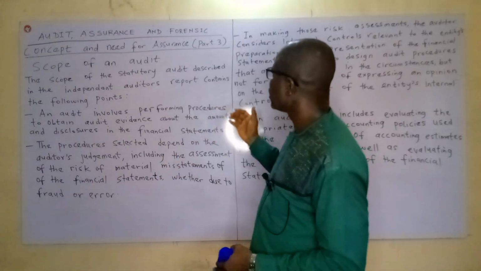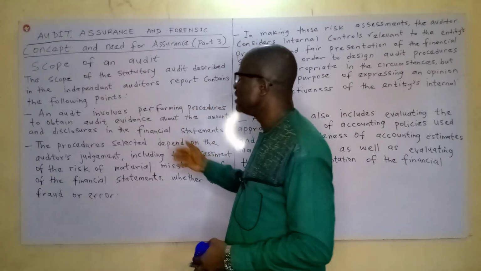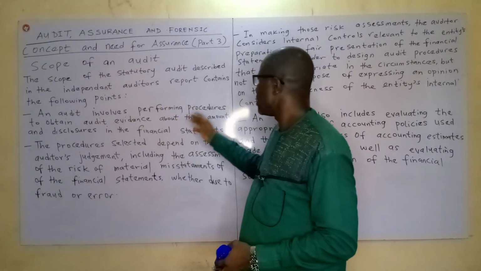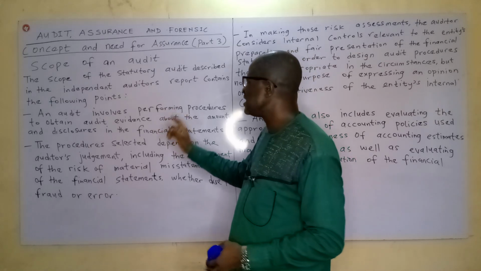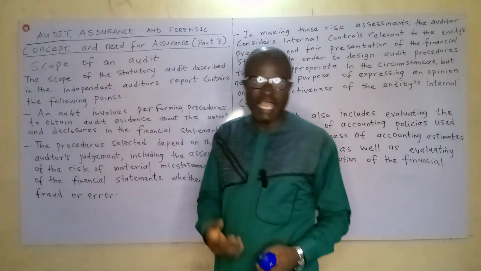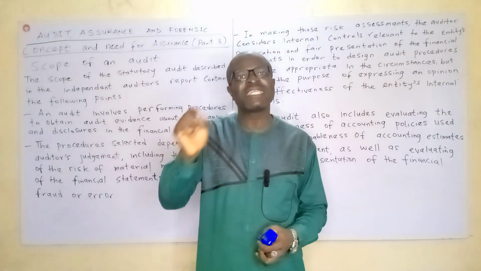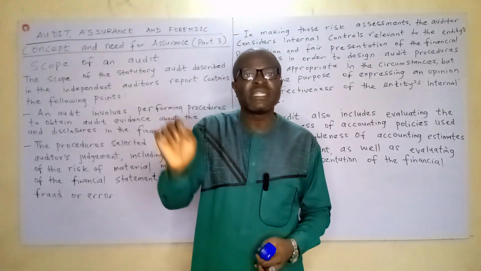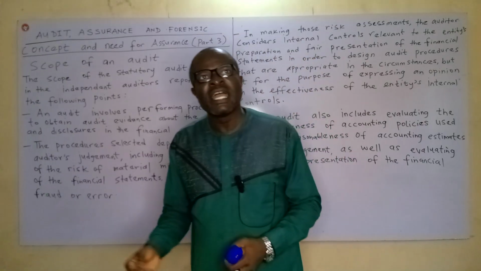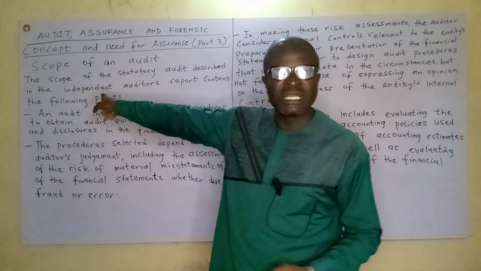The scope of the statutory audit described in the independent auditor's report contains the following points. An audit involves performing procedures to obtain audit evidence about the amount and disclosures in the financial statement. Take for instance, if in the statement of financial position it was stated that the value of building is 800 million naira. The procedures the auditor will perform to substantiate that amount is the first thing.